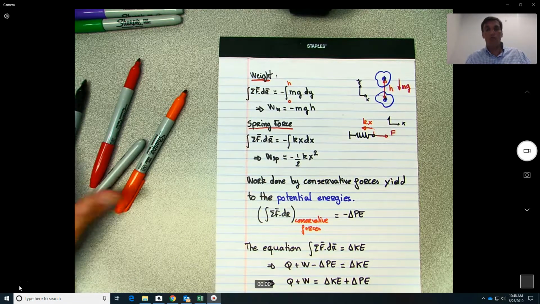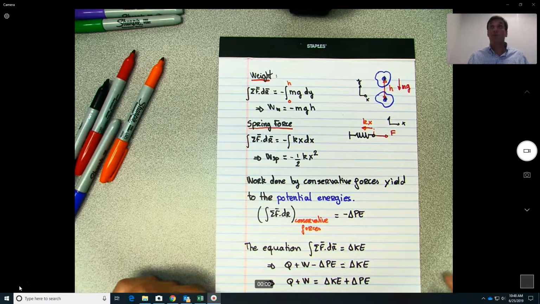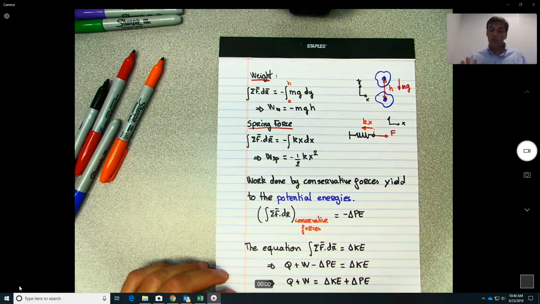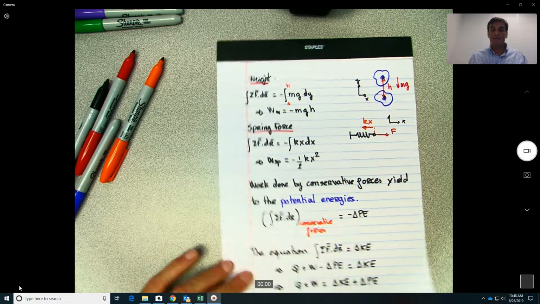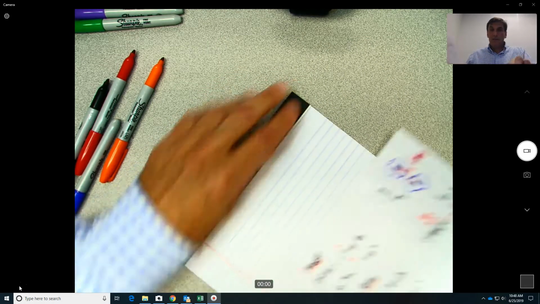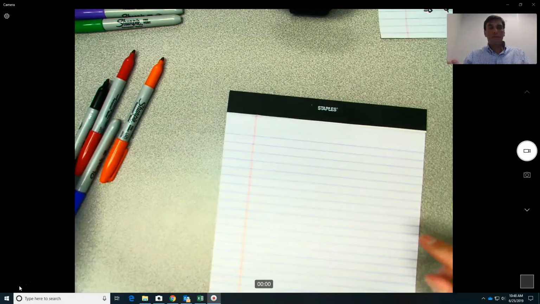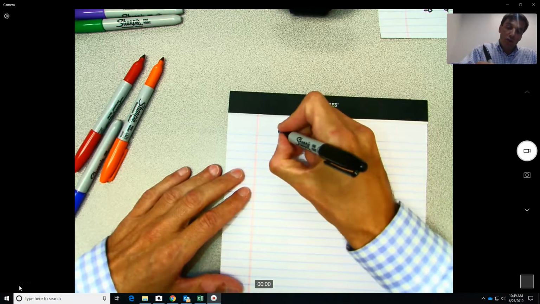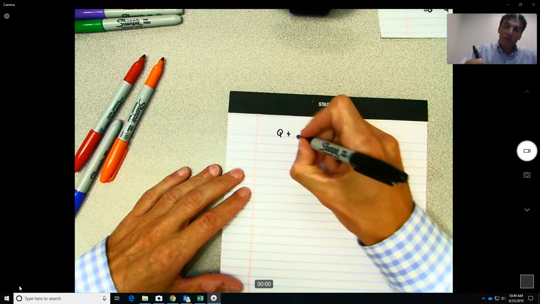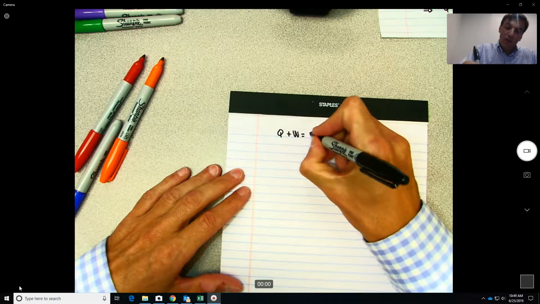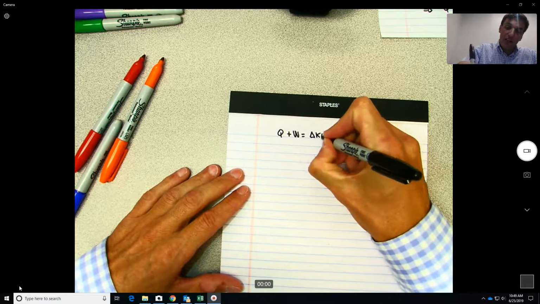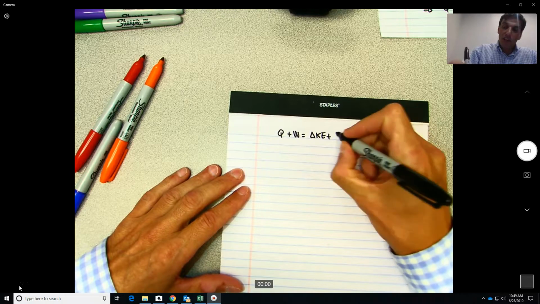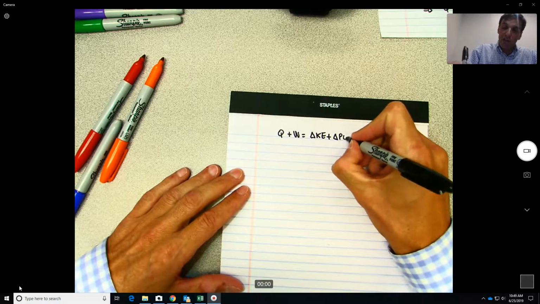Okay, we are almost done with the derivation of the first principle. I just need to add one more thing and then give a final comment. So in the equation here we have Q plus work equals change in kinetic energy plus change in potential energy.